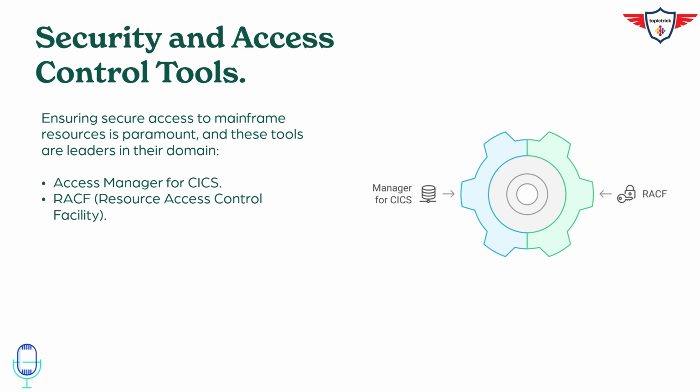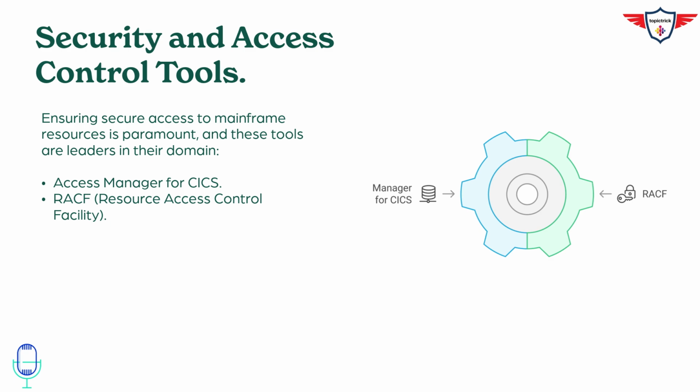So one of the fundamental pillars of mainframe security is access control. And tools like RACF, which stands for Resource Access Control Facility, control who has access to what resources on the system. So RACF acts like a gatekeeper, ensuring that only authorized users have access to sensitive information.